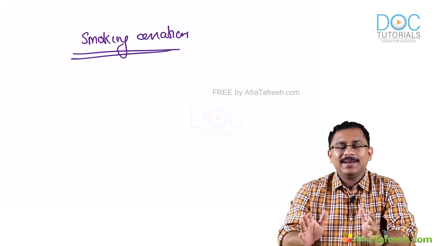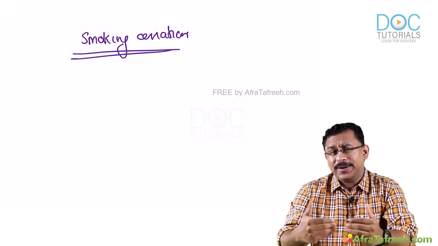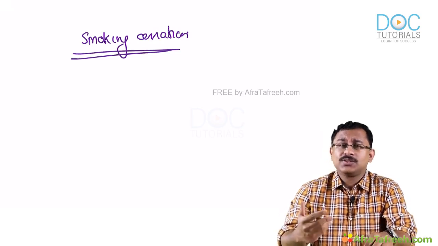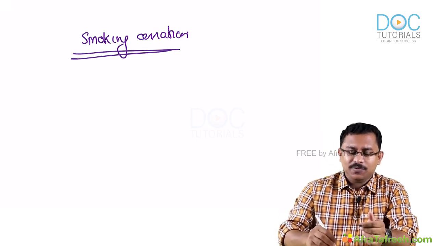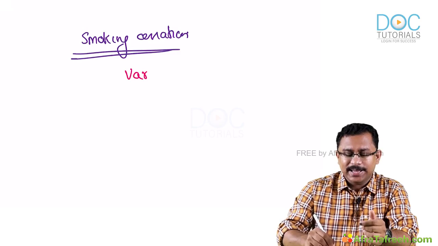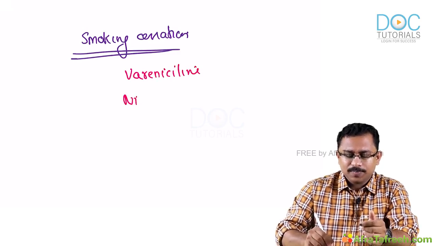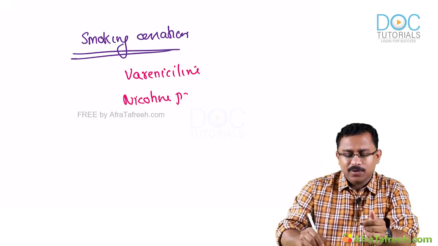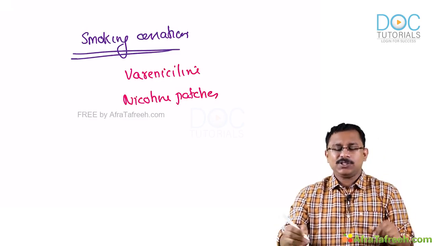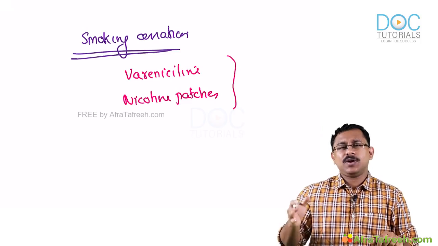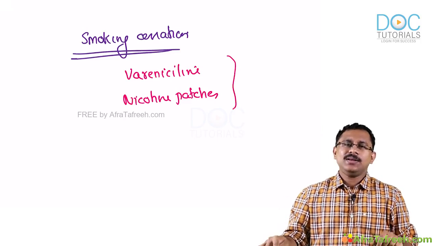Because if the patient is quitting of his own, it is good, but otherwise you might have to give drugs for smoking cessation like varenicline or maybe nicotine patches. You can have your nicotine nasal spray as well. So these can be used for smoking cessation.